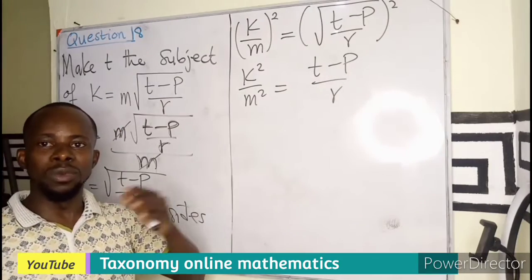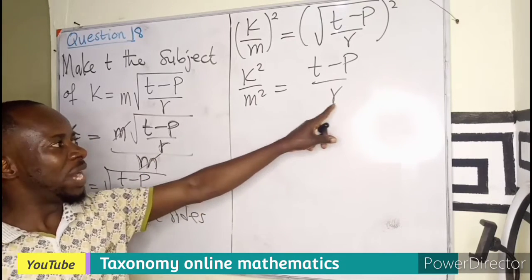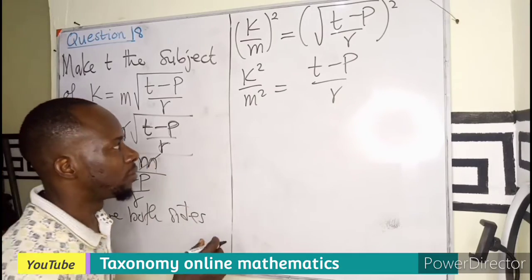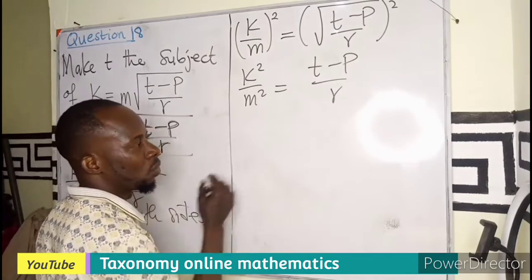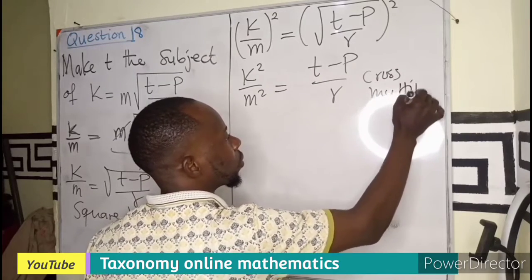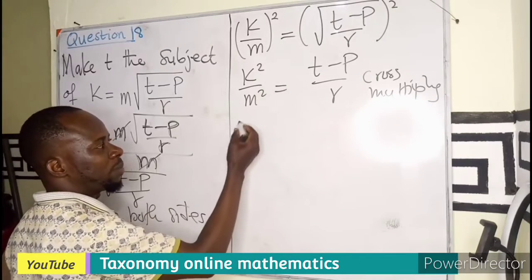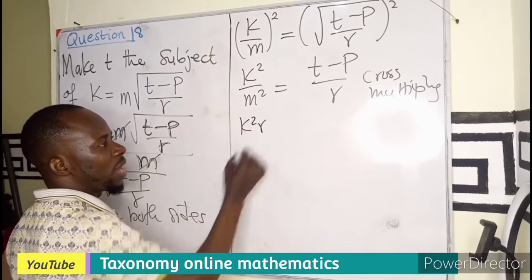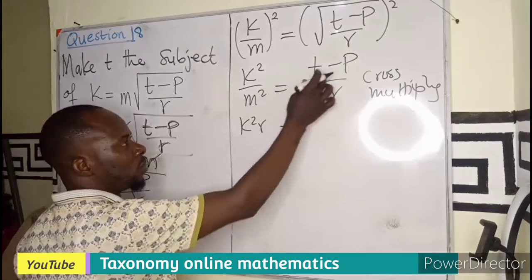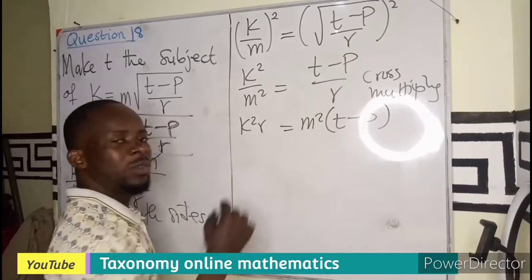So this becomes a simple fraction that we can cross multiply, or we can use the LCM, M squared R, but I'll prefer cross multiplication. So cross multiply: R will be multiplying this, K squared R, equals this is also going to multiply that, M squared (T minus P).